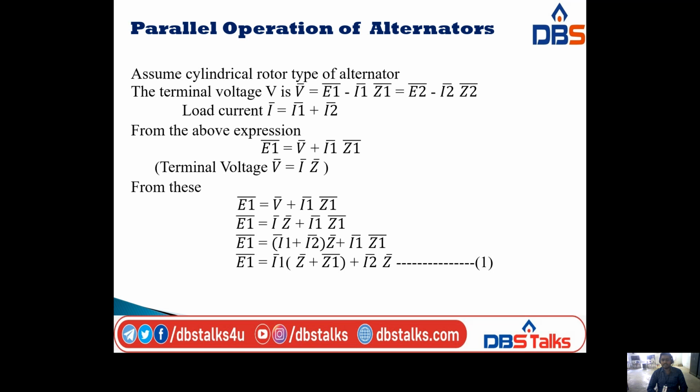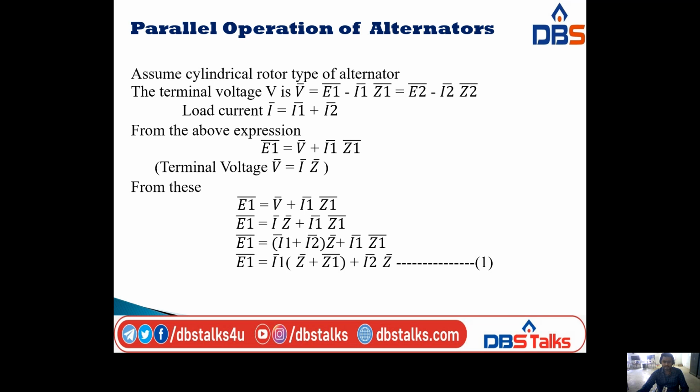Next, we know that the load current I bar is equal to I1 bar plus I2 bar, and substituting that here, E1 bar is equal to I1 bar plus I2 bar of Z bar plus I1 bar into Z1 bar. Taking I1 bar common, E1 bar is equal to I1 bar of Z bar plus Z1 bar plus I2 bar into Z bar. This is the first equation.